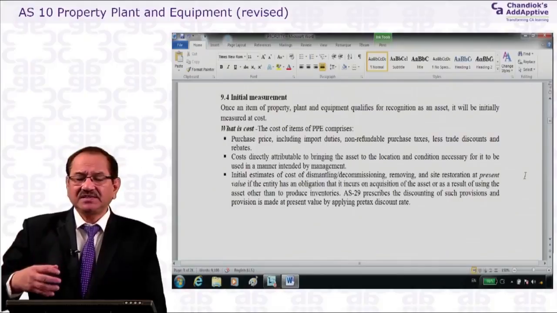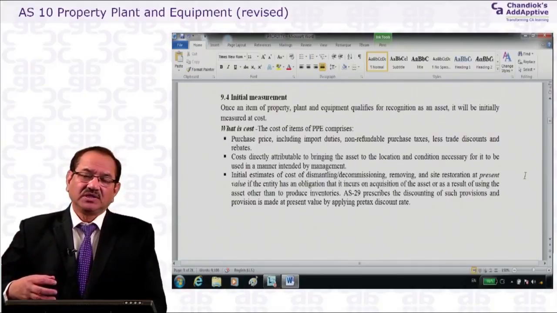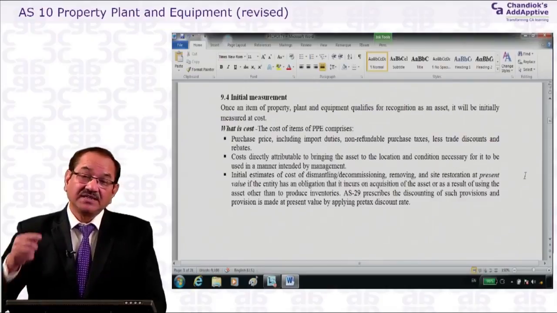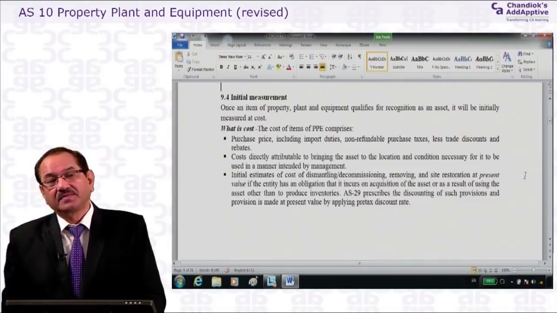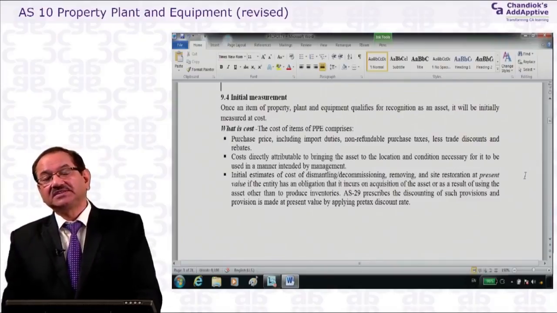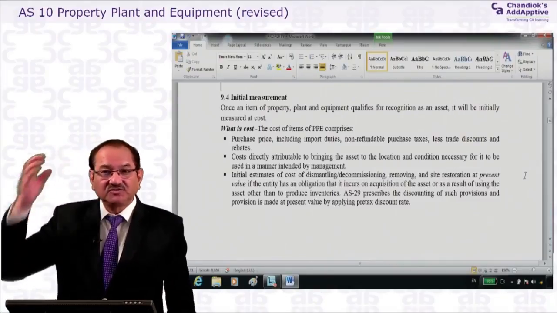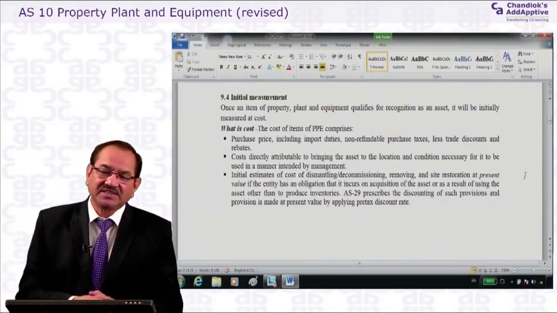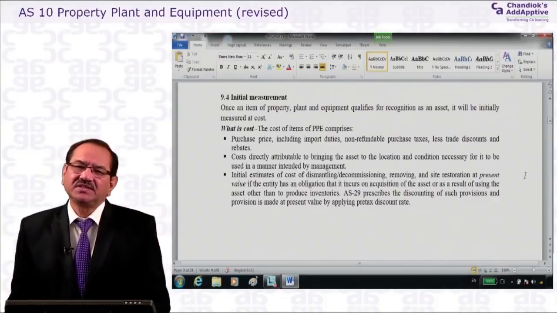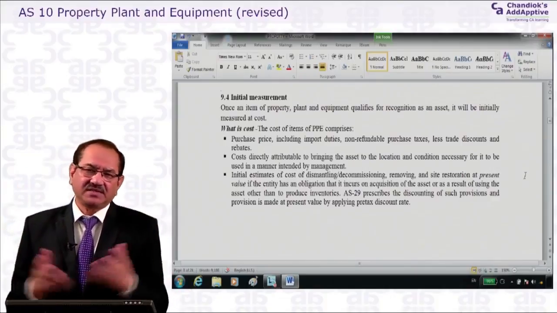The factory building is constructed on the leasehold land and the lease period is 30 years. Then in that factory you purchase your plant and machinery, which were installed within that factory, and then you started production. You are selling your produce in the market.